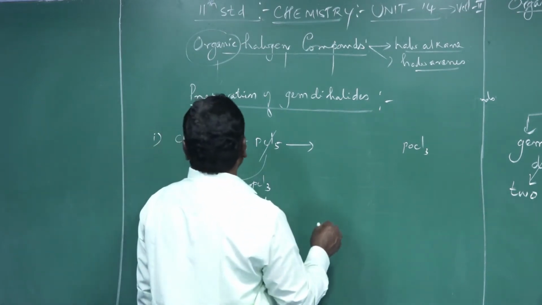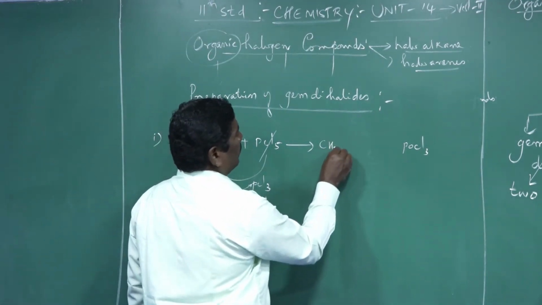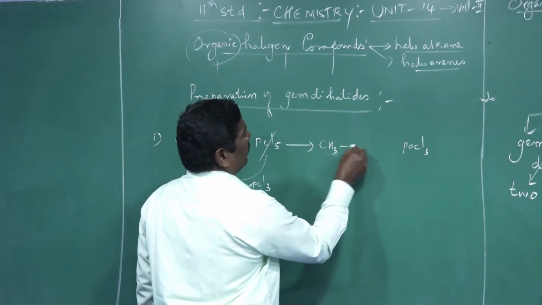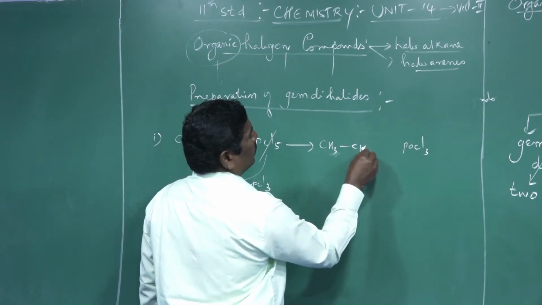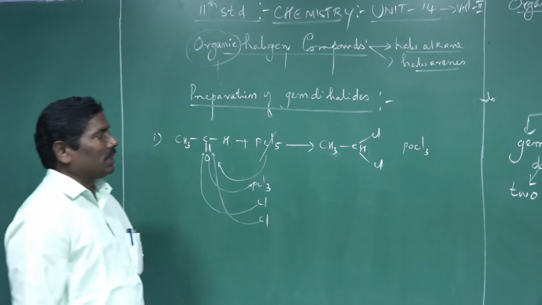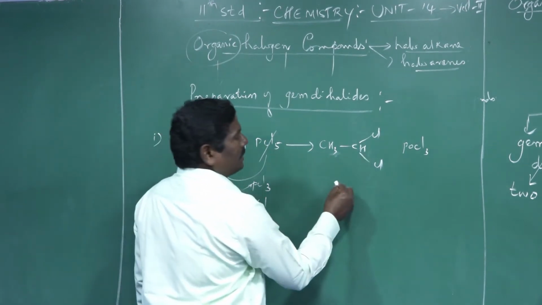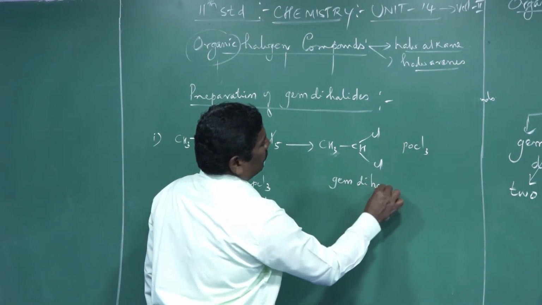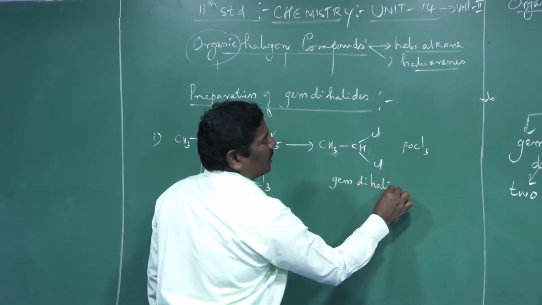Now the compound we can write is CH3 CH Cl Cl. This is called a gem dihalide.